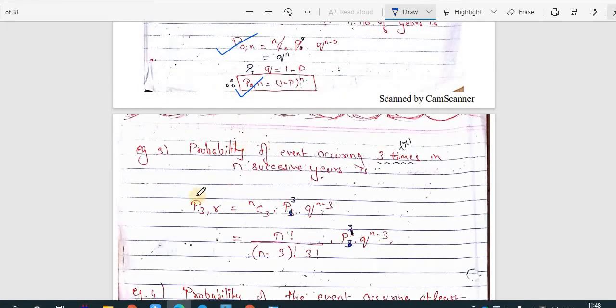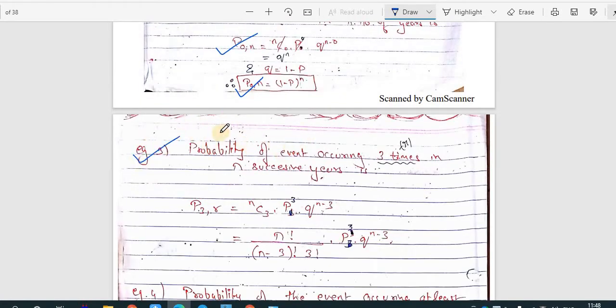Similarly, for the probability of the event not occurring, P(0,n), this value gets cancelled, this value gets cancelled, we are left with only q to the power n minus 0. So q becomes 1 minus p, and P(0,n) becomes (1 minus p) to the power n. When we do the numericals, all these things will get clear.